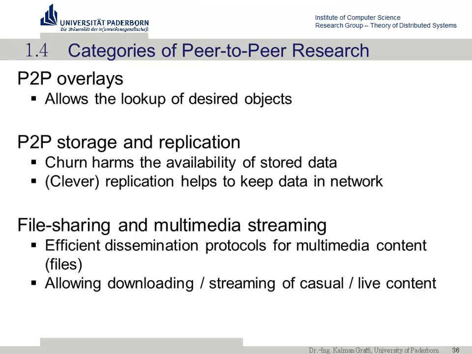Then how can we cope with churn? If the nodes go online and offline, how can we keep data replicated and who does it? Then some applications like file sharing, how that worked, and how we can efficiently distribute multimedia content and download or stream it.